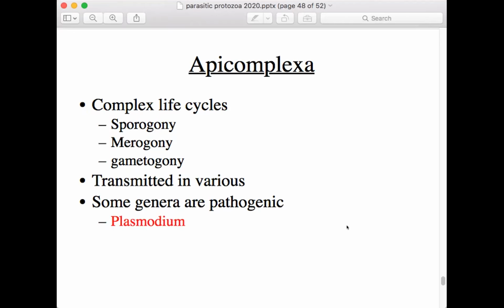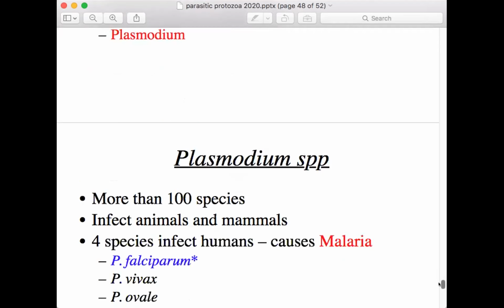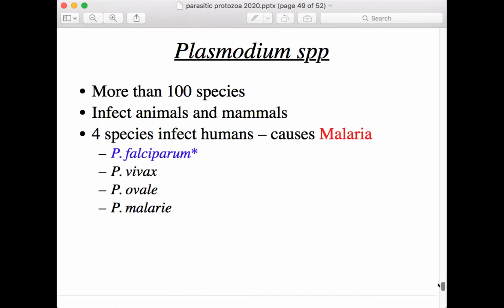Plasmodium causes what disease, guys? We've talked about this. What disease does Plasmodium cause? Malaria. Malaria, all right, malaria. So of all of the different, I want to say 7 species of Apicomplexa that cause human disease, these Plasmodium organisms are super serious, okay?